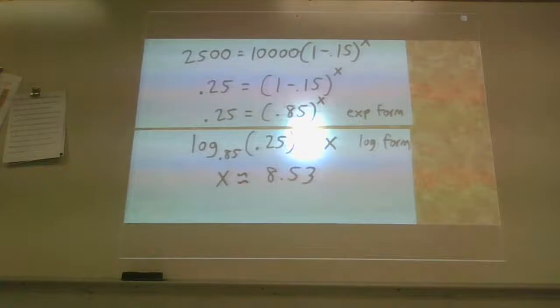8.53 what? It's a word problem. Word problems deserve units. I don't know.